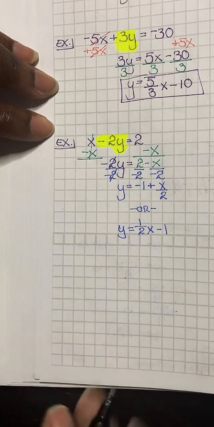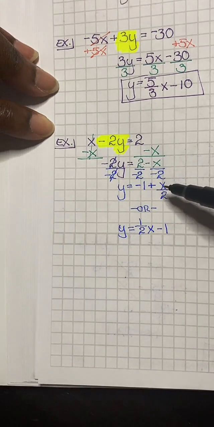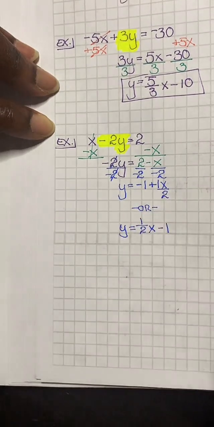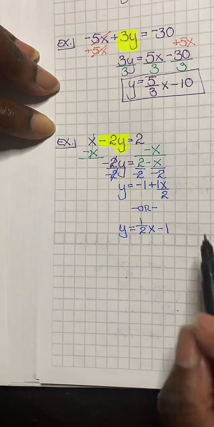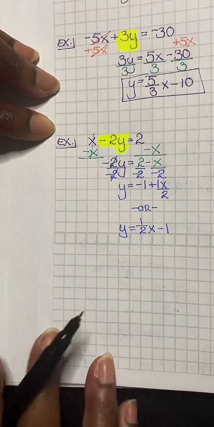Anytime you see a variable over top of a number, there's an assumed 1 in front of your variable. So this is the same as saying 1/2 of x.